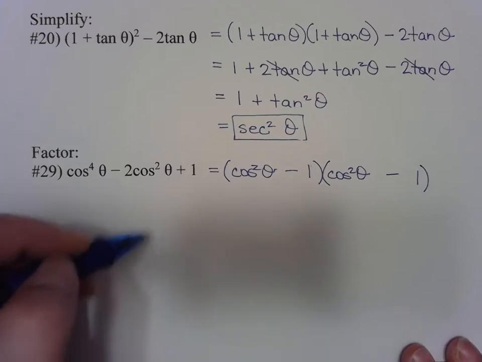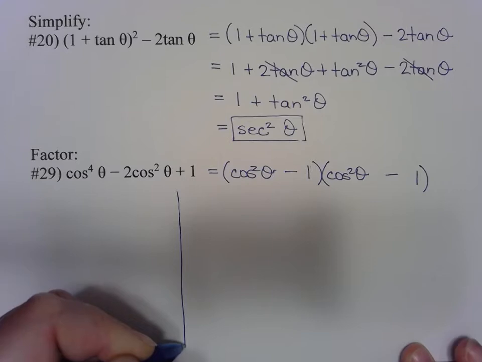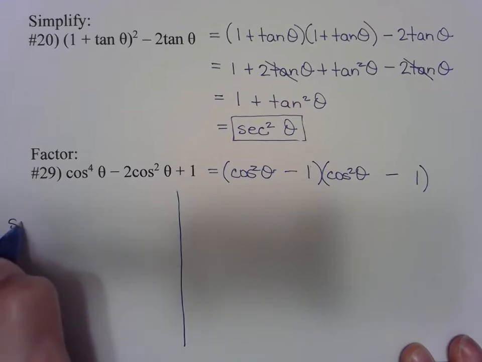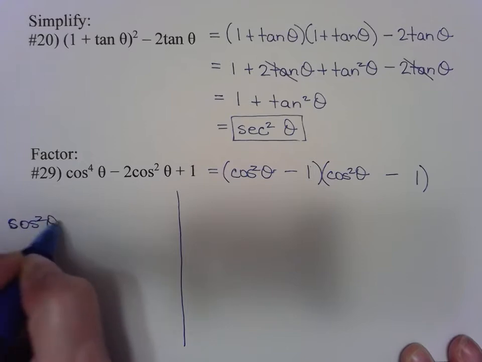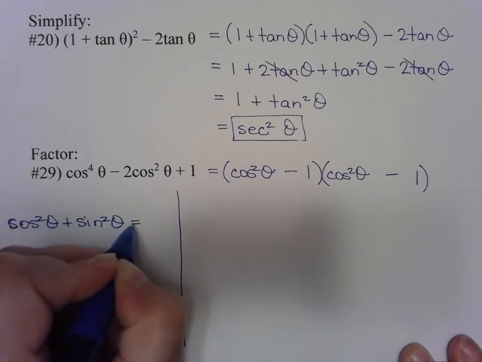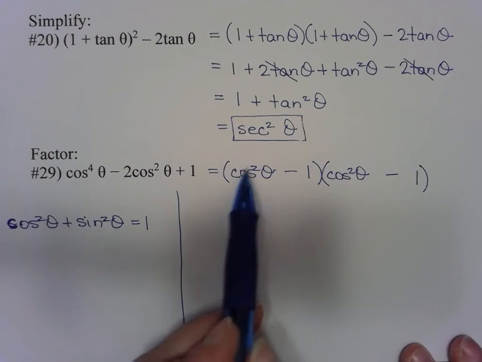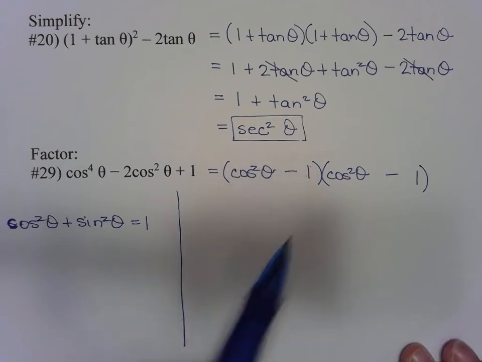All right, let me write out what I'm thinking off to the side so you don't have to read my mind. Right, so actually it looks like this, cosine squared plus sine squared equals 1. So how can I take this and make it useful for this expression?